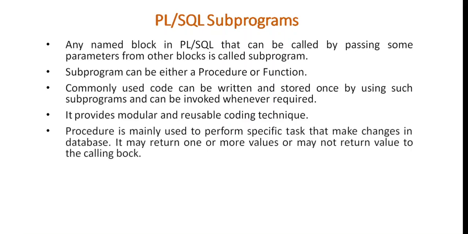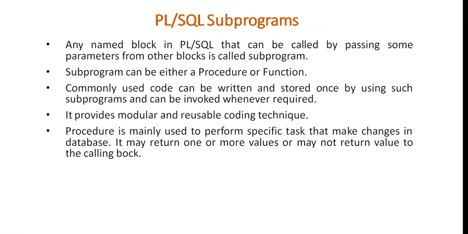Now, a procedure is mainly used to perform specific tasks that make changes in a database. So the purpose of a procedure is to perform certain tasks, and as a result of that task, the database state will get changed. If we want to make changes in the database, then we can go for a procedure. We can assign some task to a procedure.